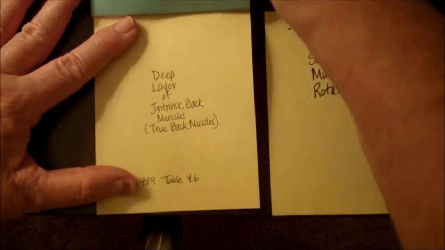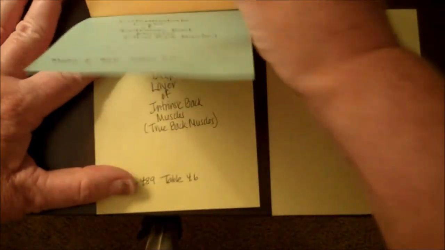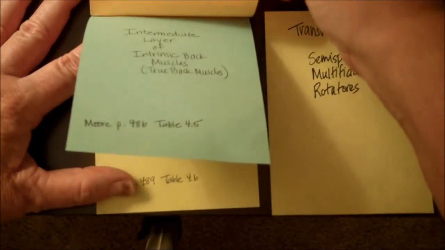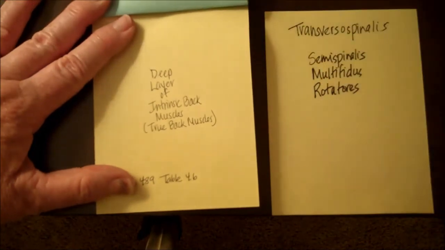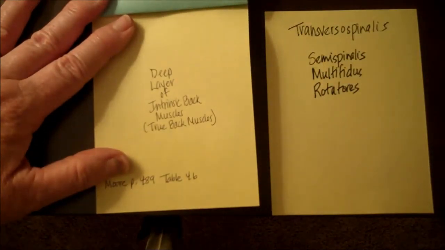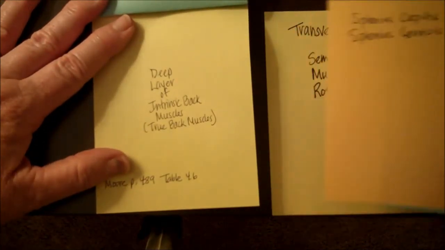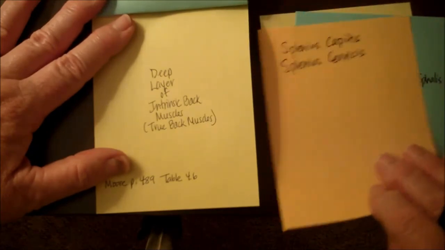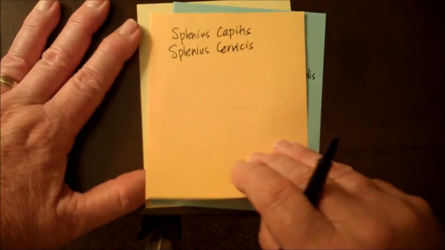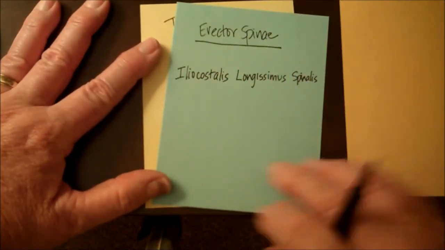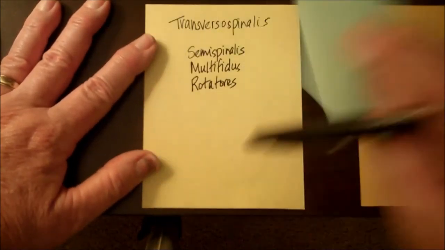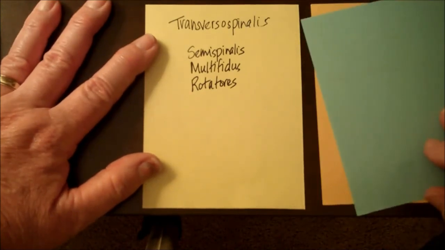Remember, all 3 layers of the true back muscles, superficial, intermediate, and deep, are innervated by dorsal primary rami. Here they are again. Superficial layer of true back muscles, intermediate layer of true back muscles, deep layer of true back muscles.